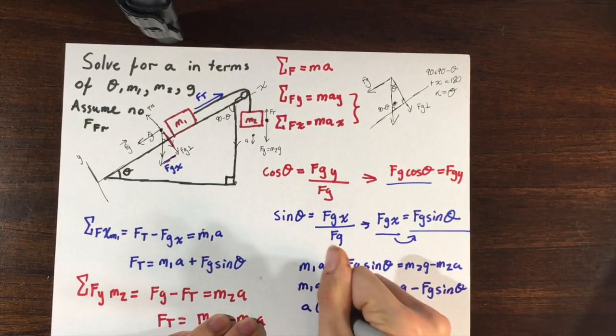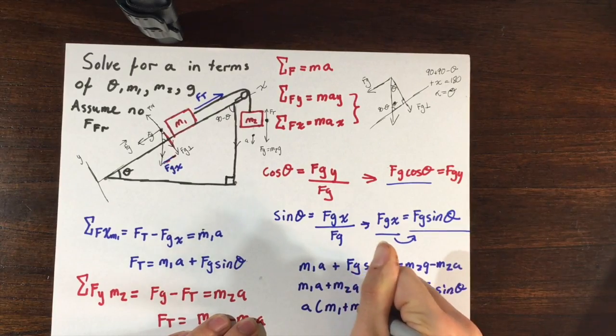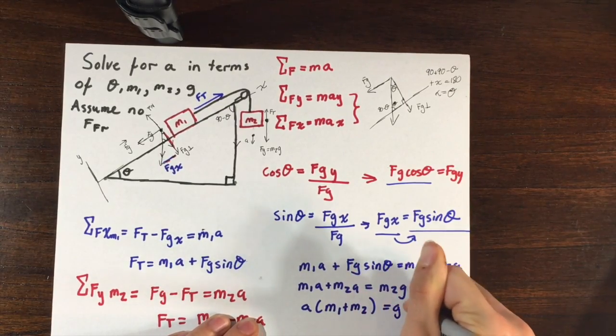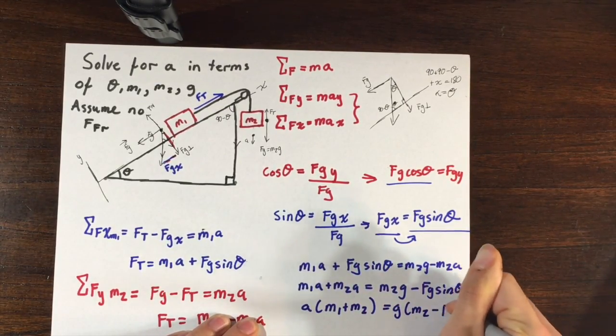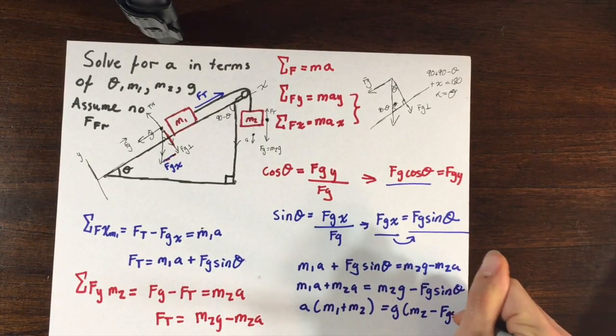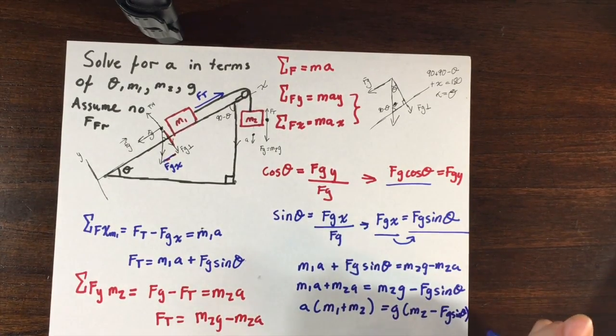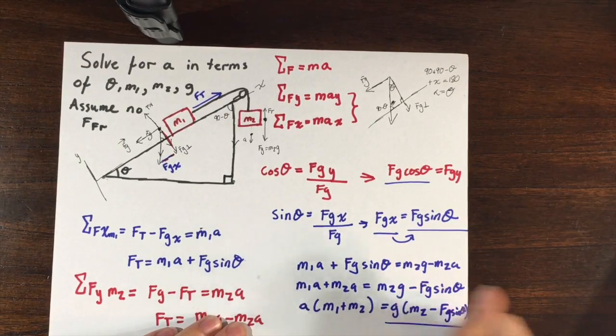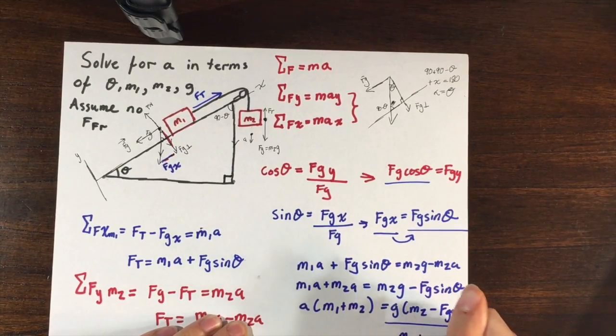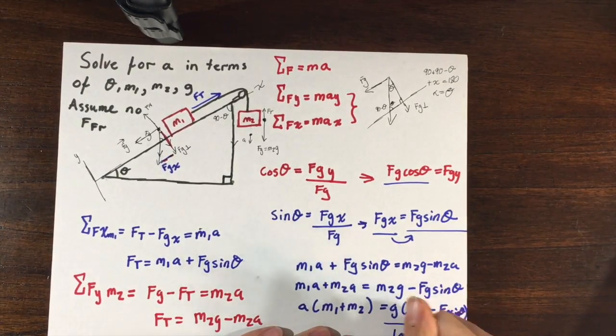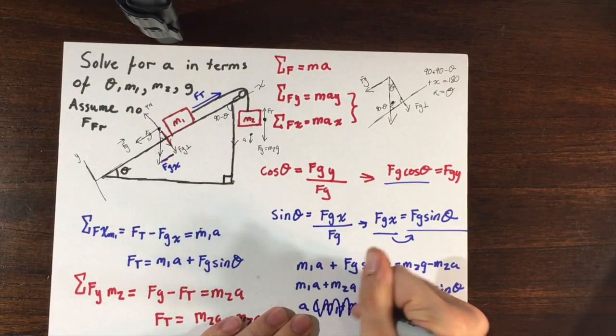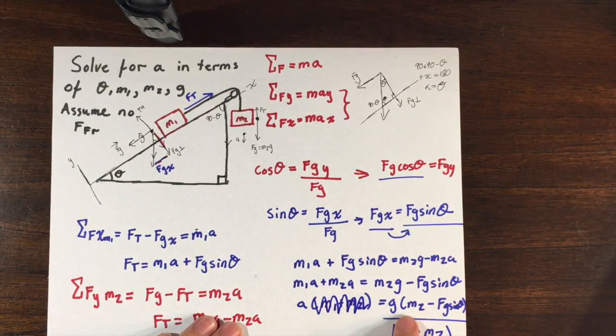So pull out an a and pull out a g. And I'm going to divide both sides by m1 plus m2. So I have acceleration is equal to g times (m2 minus Fg sine theta) over (m1 plus m2), and we derive the equation for our acceleration.